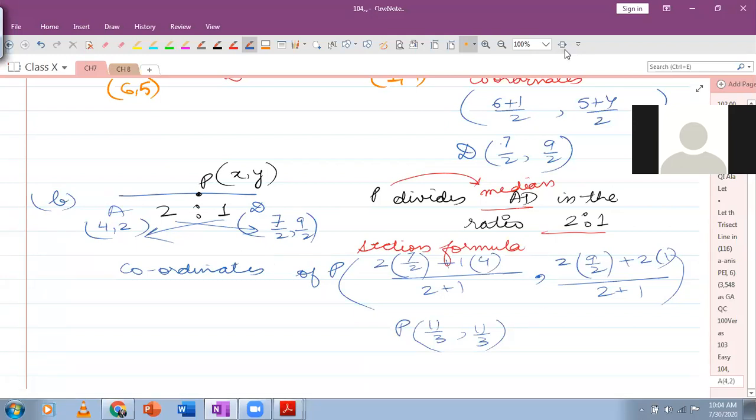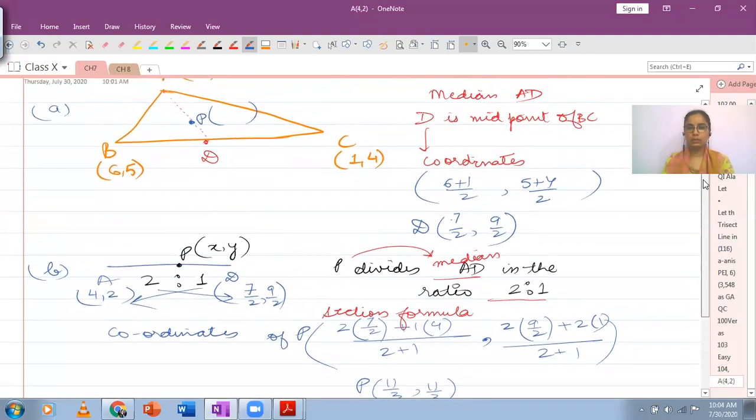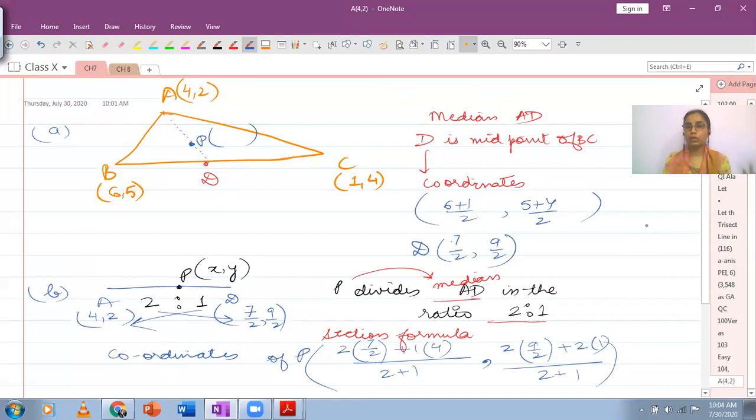Okay. So what we have actually done here is, I'll just go over these two parts because you have to do this for the other two vertices. From A we drew the median on BC, and this median meets BC at D. D will be the midpoint of BC.